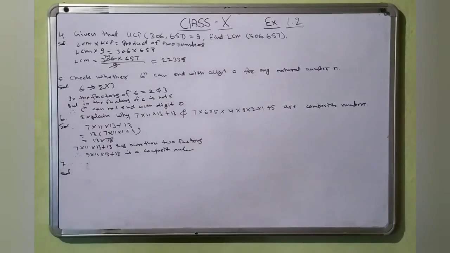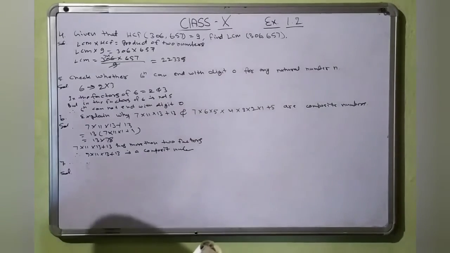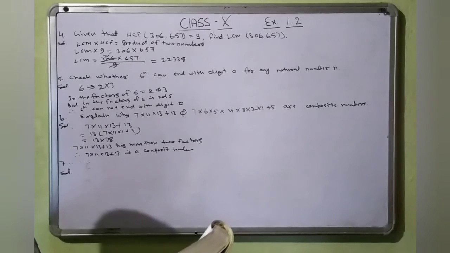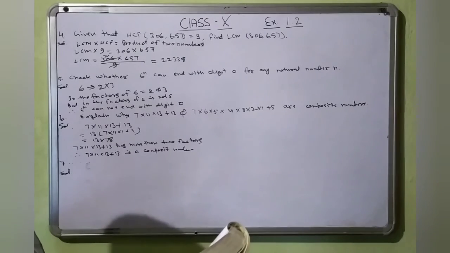Question number 7 is a very lengthy question, so I am reading only here. There is a circular path around a sports field. Sonia takes 18 minutes to drive one round of the field, while Ravi takes 12 minutes for the same.